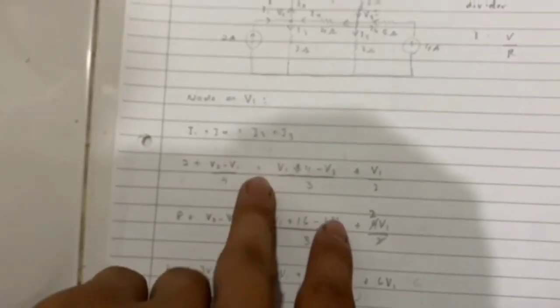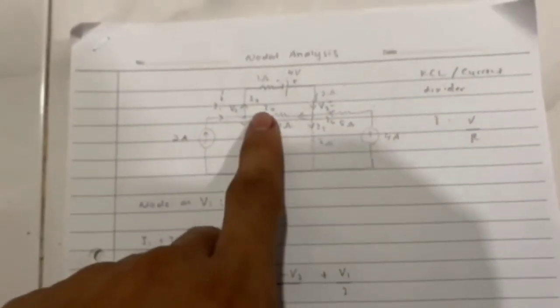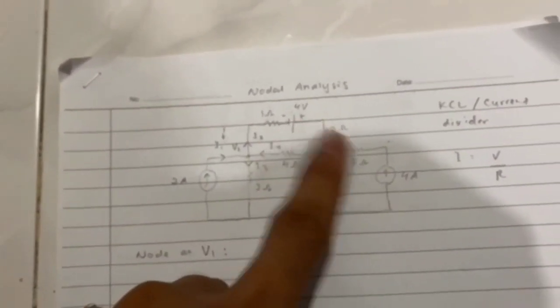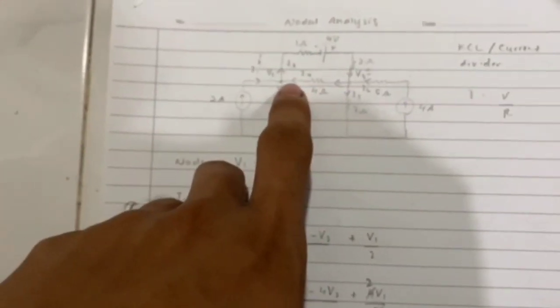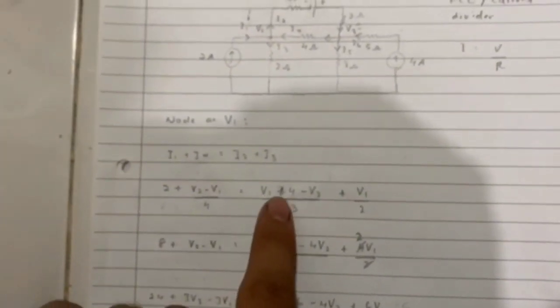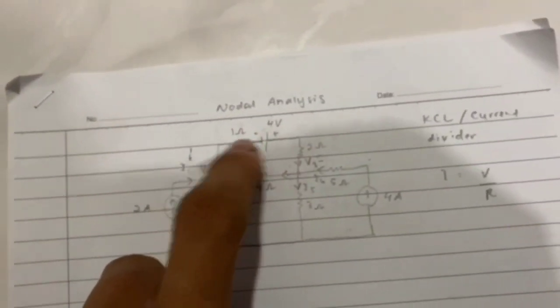Next, the current out. We have the current that crosses the resistors and power source, where the V higher, which is V1, crosses the 4 volt, entering the power source.